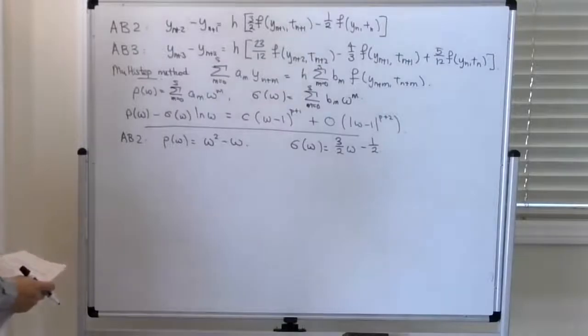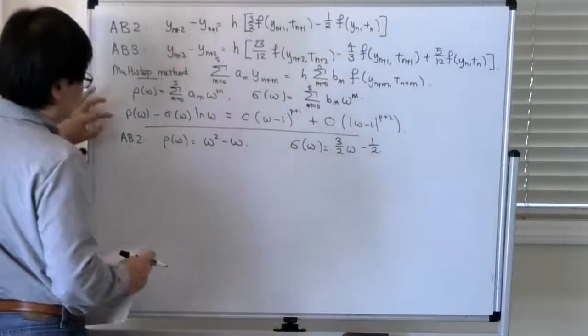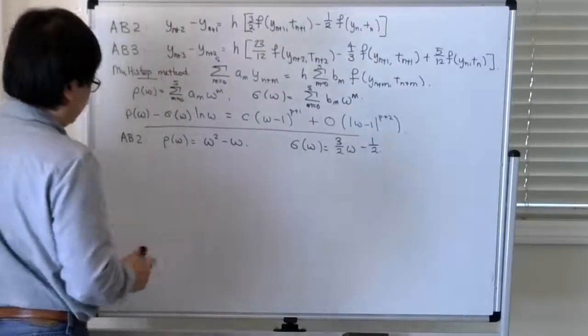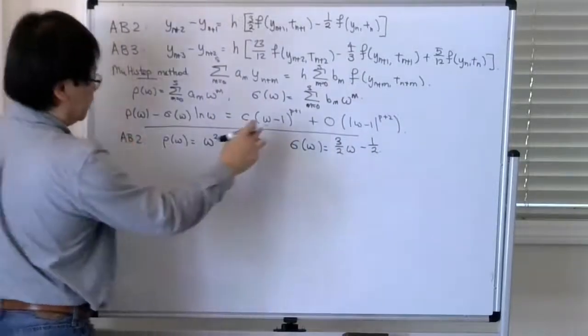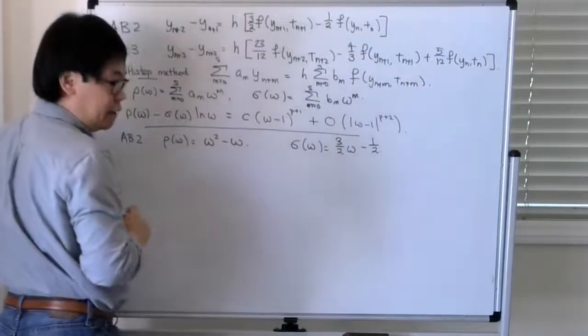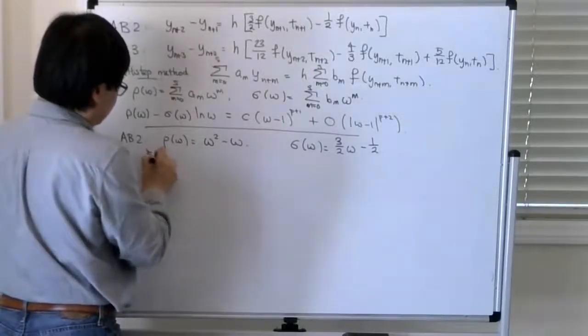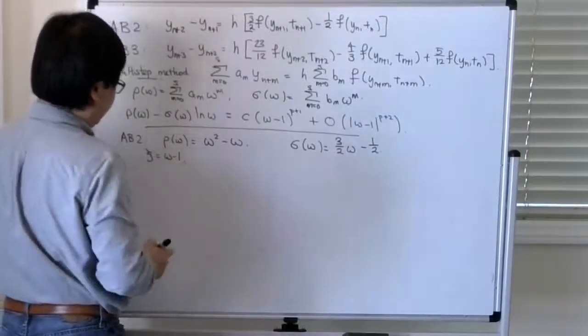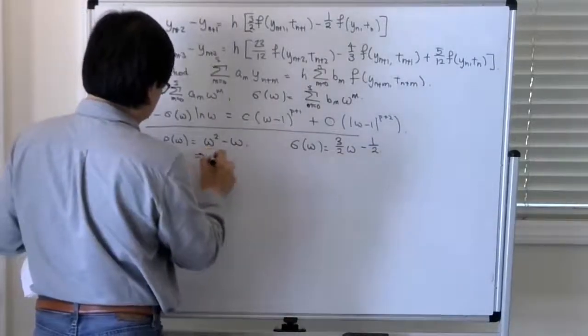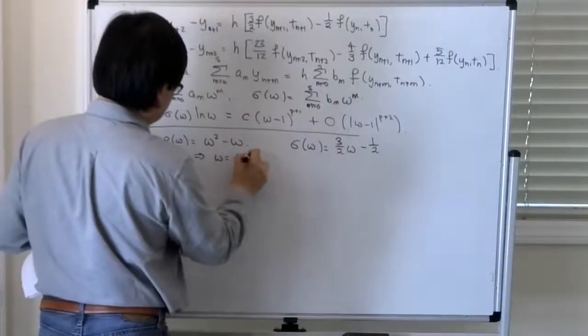And to simplify matters, because you want the series to end up being in powers of w minus 1, I introduce a new variable c, which is w minus 1, which more or less means that w is equal to 1 plus c.